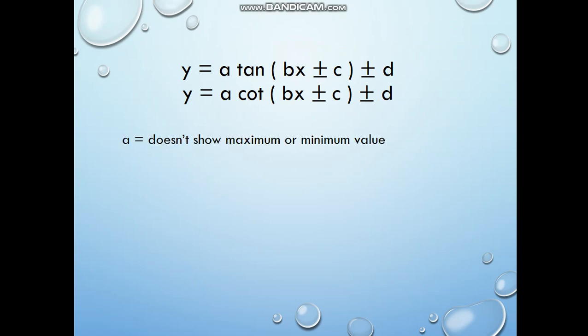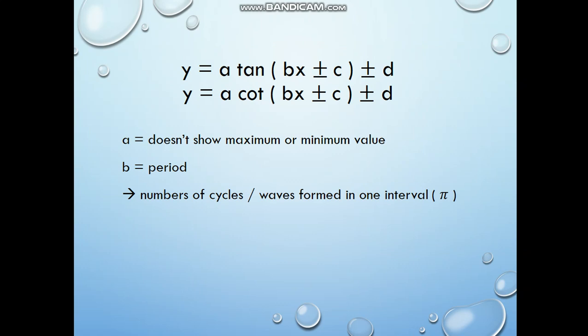The difference is that the amplitude in tangent and cotangent doesn't show a maximum or minimum value. Okay, B represents the period, the number of cycles or waves formed in one interval, in this case pi for tangent and cotangent. C is for horizontal shift, and D is for vertical shift.